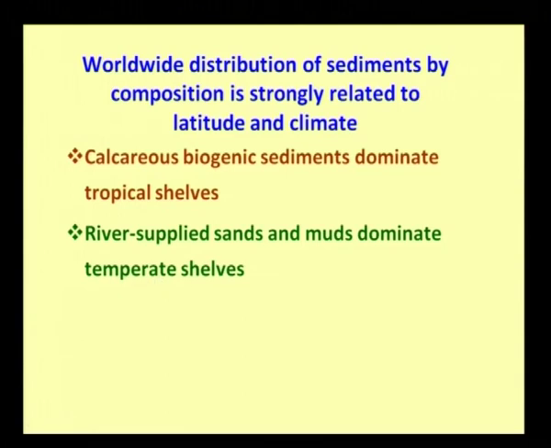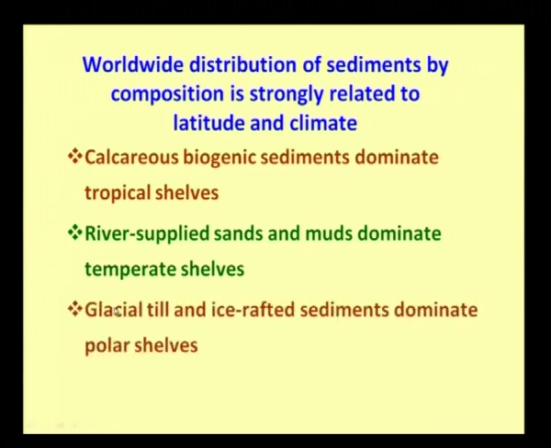That means in the temperate environment, river supplied sand and muds dominate the sediment. And the third variety, glacial, till and ice rafted sediment, dominate the polar shelf, because the polar region is mostly icy area, and therefore the glacial and ice rafted sediment prevails in most of the polar ecosystem.